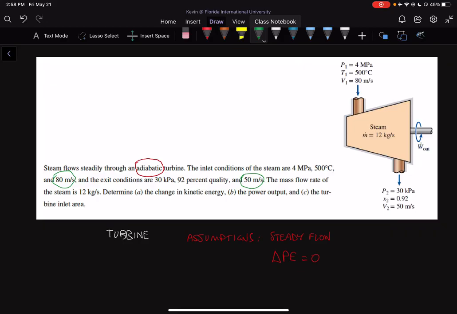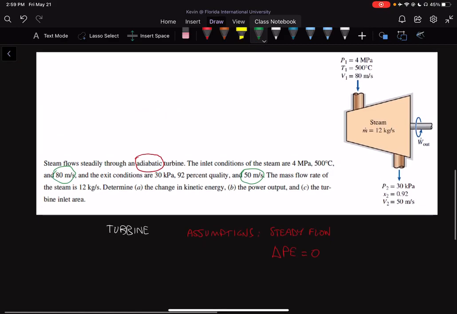So the first thing we can do in this system is figure out what our state at the entrance and our state at the exit of the system are. In this problem, you can see that the book defined the terms at the entrance with 1 and the terms at the exit with 2.